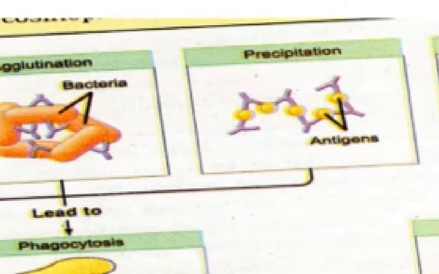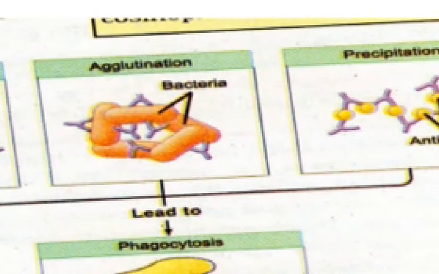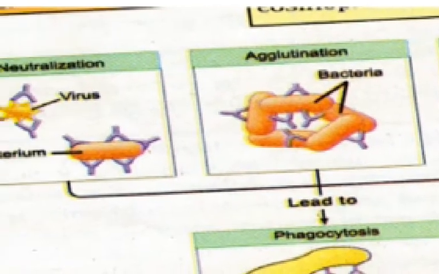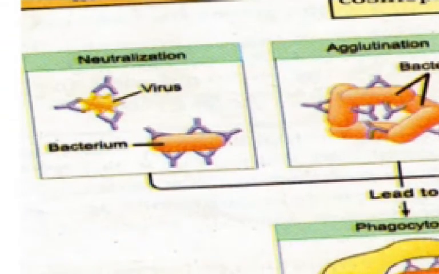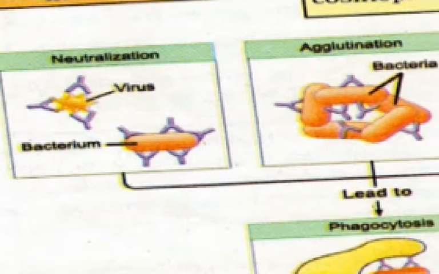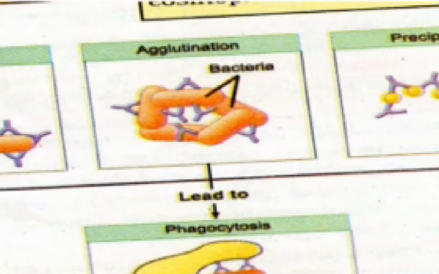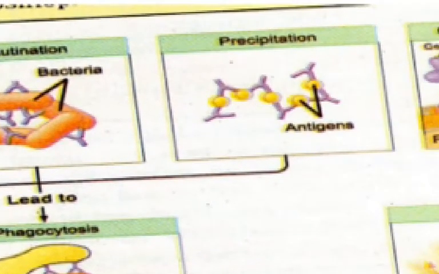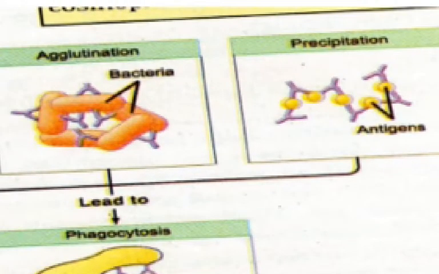So the antibodies released from the plasma cells will either neutralize, or form clumping, agglutination, or precipitation. In general, we call all three the antigen and antibody complex.